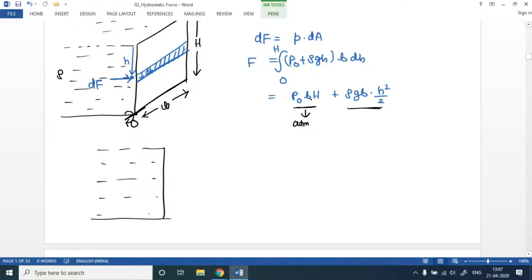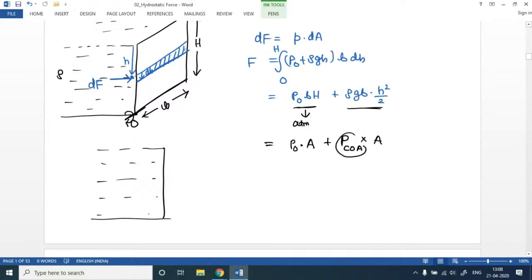So you can treat it like this: first of all, this is the constant part, that is P naught into simply the area of the wall, and this other term can also be written as pressure at center of area into total area.